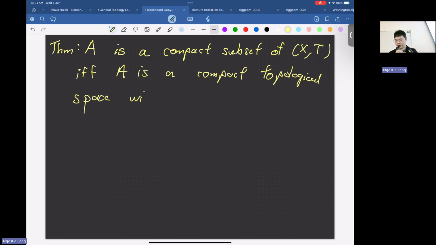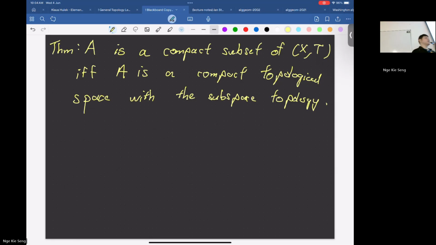You need to view it with the subspace topology. So what's the difference between these two statements? They seem similar. First, you have a compact subset. The other is a compact space with the subspace topology. What's the difference between these two?